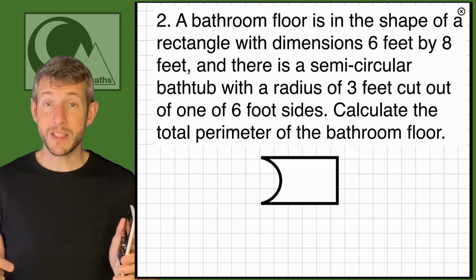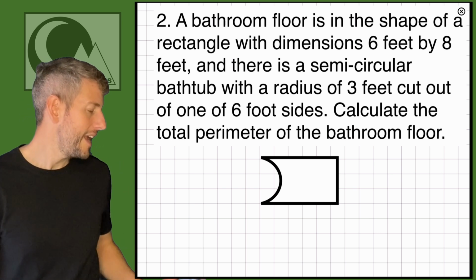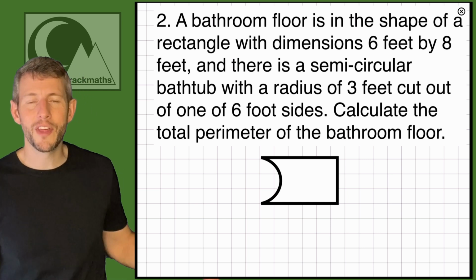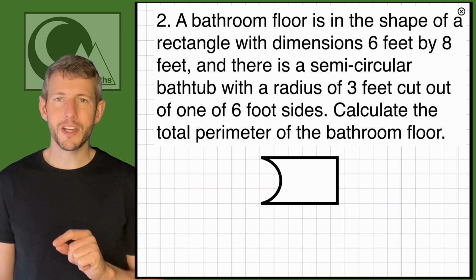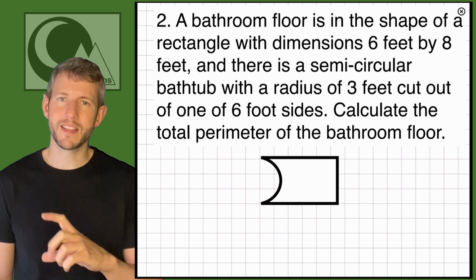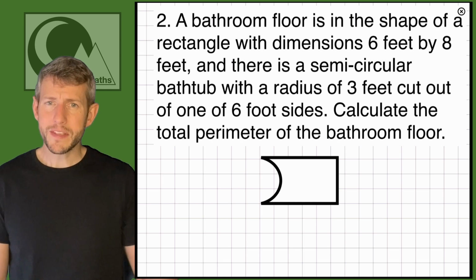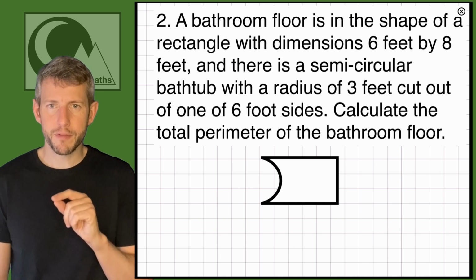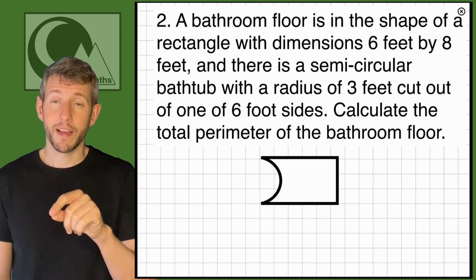Okay, let's have a look at one more question before we go, because I want to have a look at this question because it looks a little bit different. Okay, so here we go. You can see the shape for question 2. It's a rectangle, and this time the circle has been inverted, so it's a semicircle going into it. Now, the thing about this that you have to remember is perimeters are different to areas, okay?